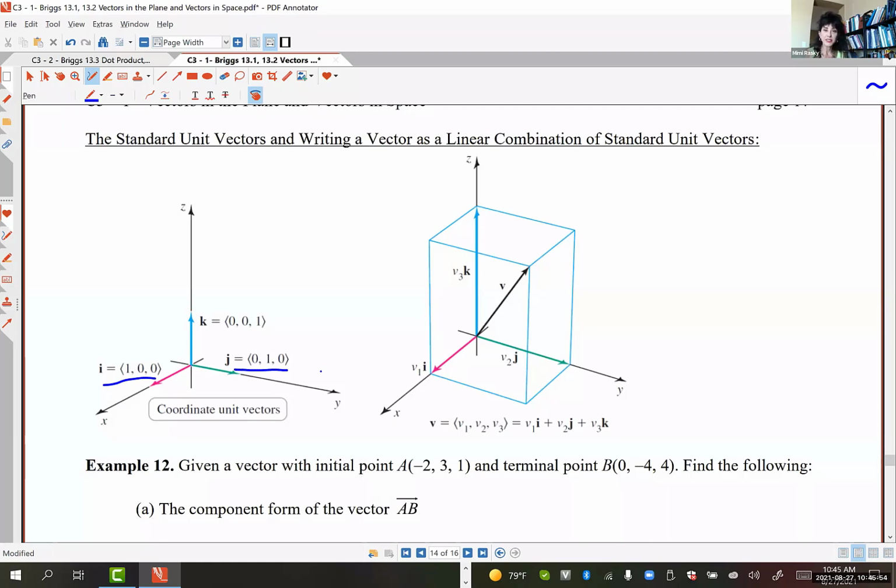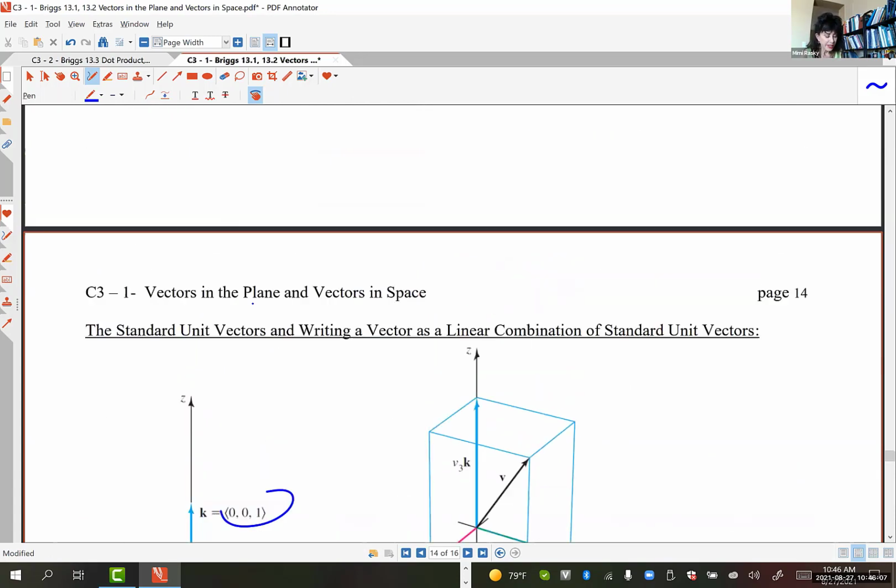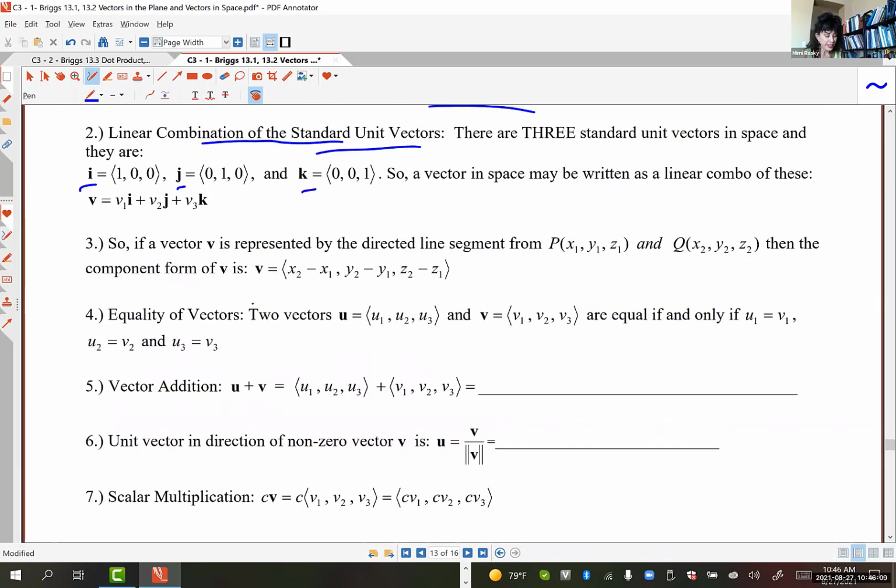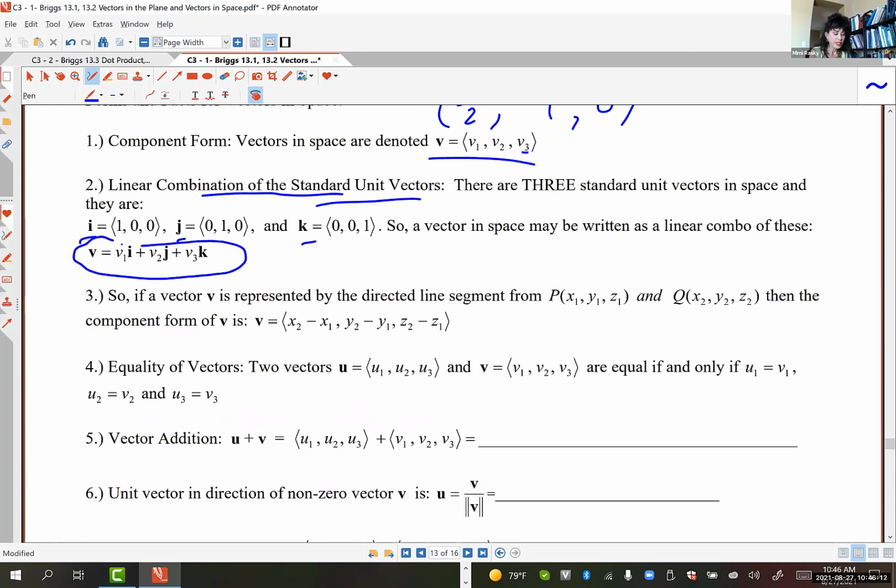The J is 0, 1, 0. And the K is pointing in the positive Z-axis direction, and it's got component 0, 0, 1. So you got the IJK standard unit vectors. And what does that mean? That means that any vector in 3D can be written as a linear combo of IJK.